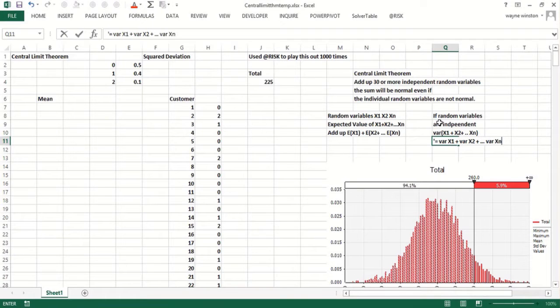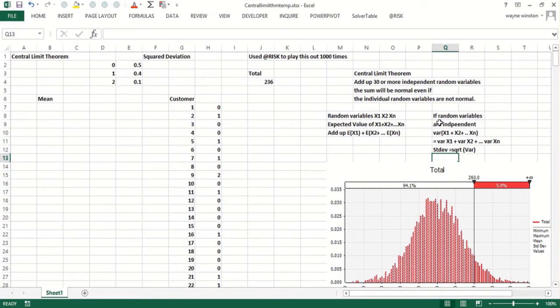So the variances add, but since the standard deviation is the square root of the variance, the standard deviations don't add. So if you add up 100 random variables with the same variance, the variance of the sum is 100 times the variance of 1. But the standard deviation would only be 10 times the standard deviation of 1.